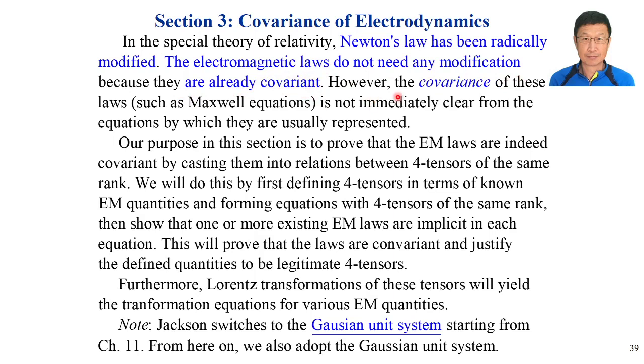However, the covariance of these laws, Maxwell equations, is not immediately clear from the equations by which they are usually represented. So it's not very clear. For example, divergence B equals 0. It's not clear from this viewpoint that different observers will see the same equations. So we have to do something.